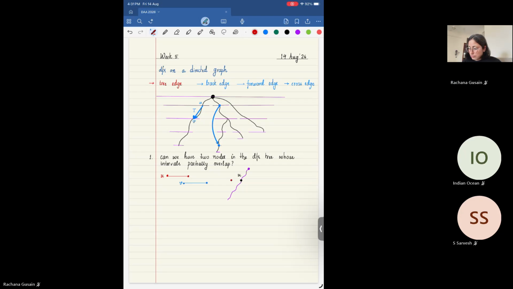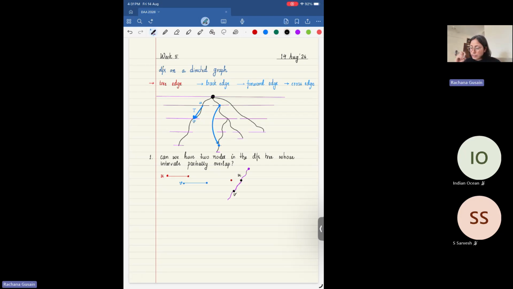And start exploring it. And then at some point, I see that I need to, let's say you had the adjacent neighbor V, and V is not yet explored. So from U, I'm going to actually start exploring V, right? I'll go and start exploring V next.